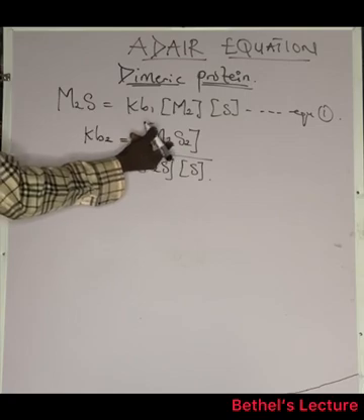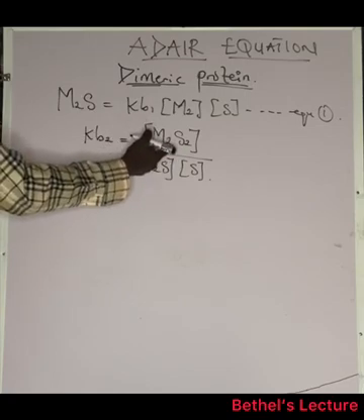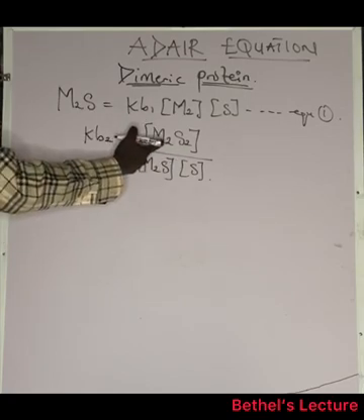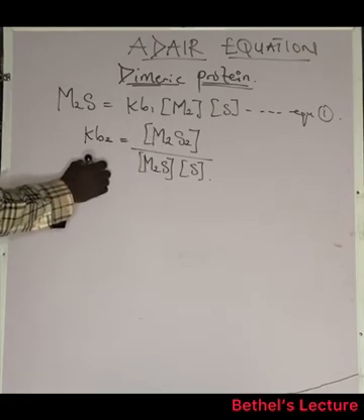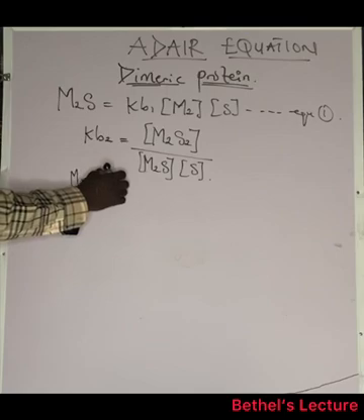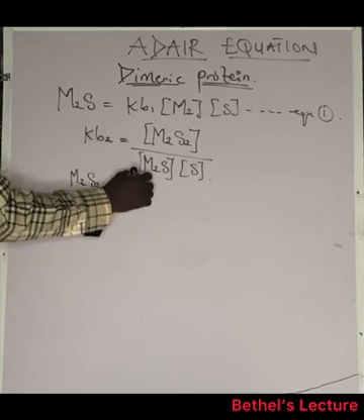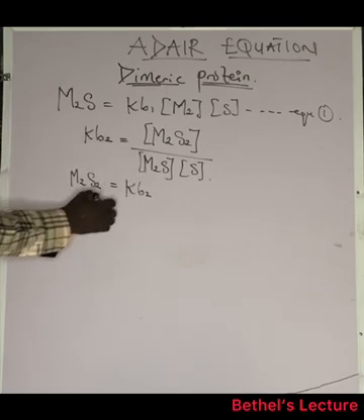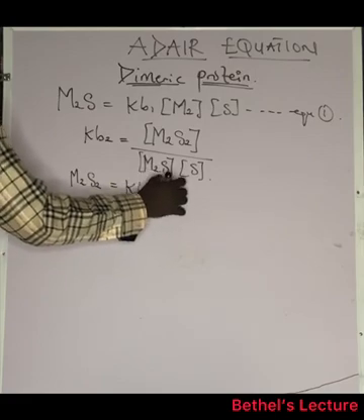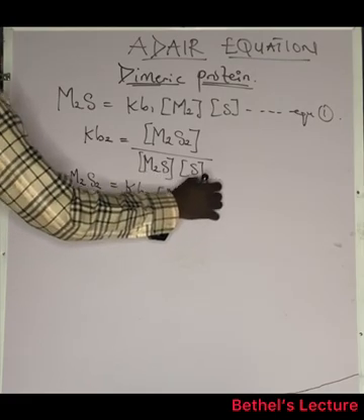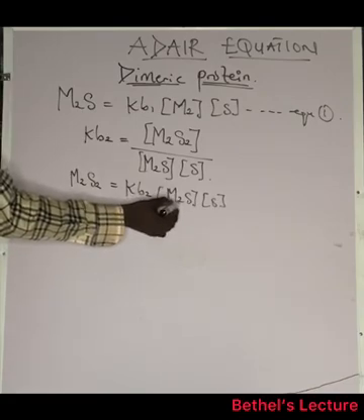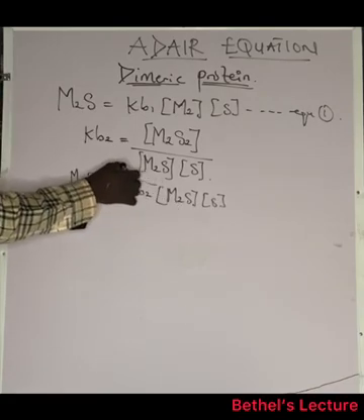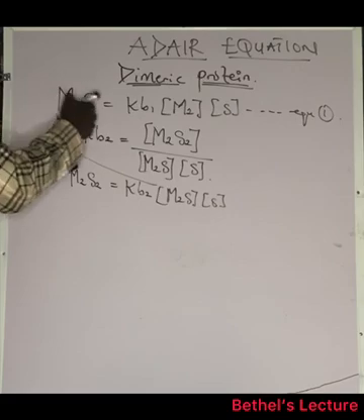So making this the subject of the formula, M2S2 is equal to KB2 times M2S times S. But we know what M2S stands for. Look at it here, this is M2S.